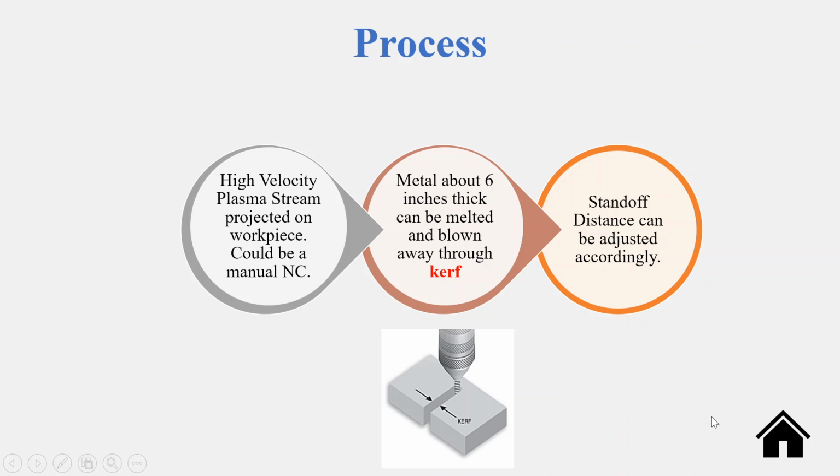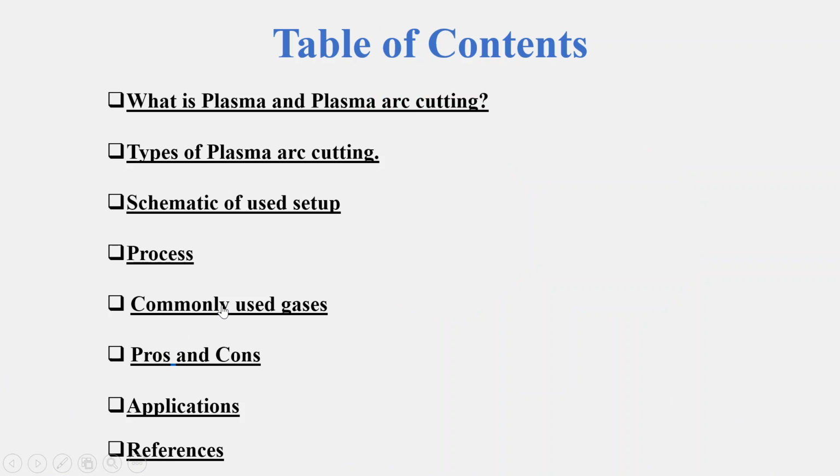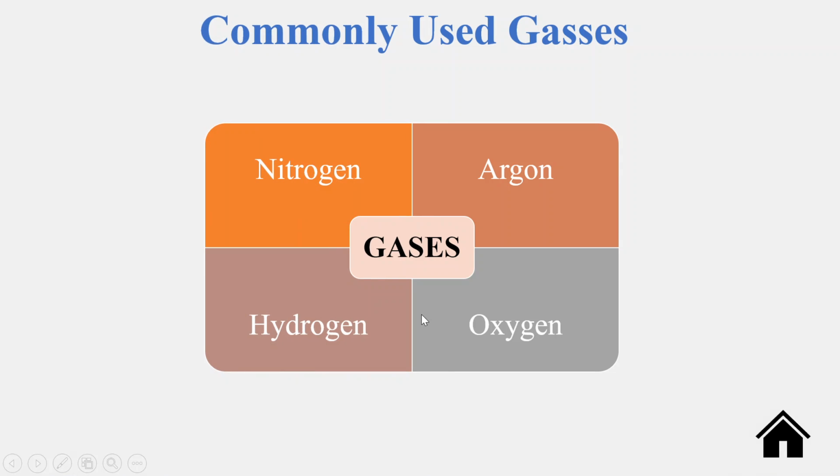So moving back to our home page, the next slide is commonly used gases. Actually, the plasma is, as we have seen, highly ionized gas. So there's no specification or constraint for that gas. We could either use nitrogen, we can also use argon and oxygen, and similar is the case for hydrogen.